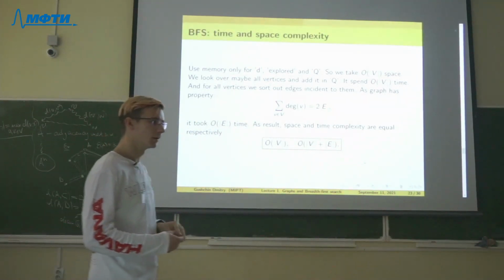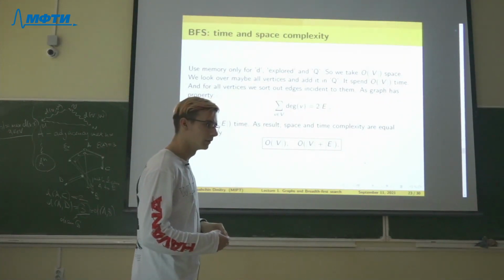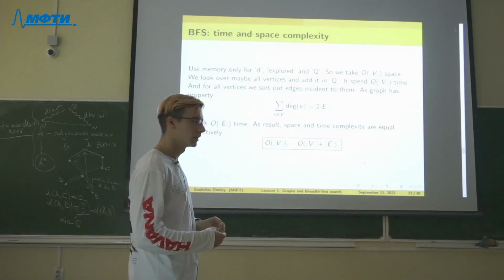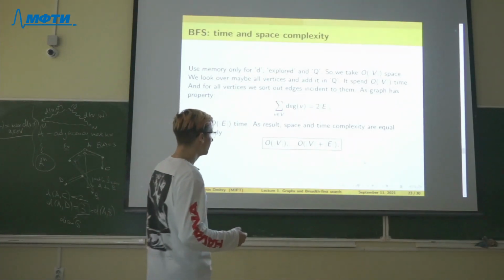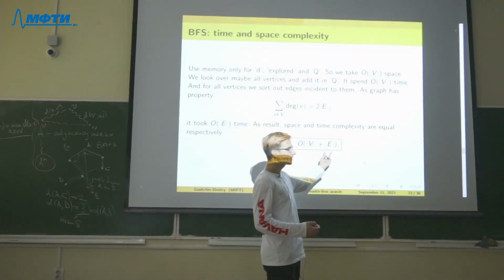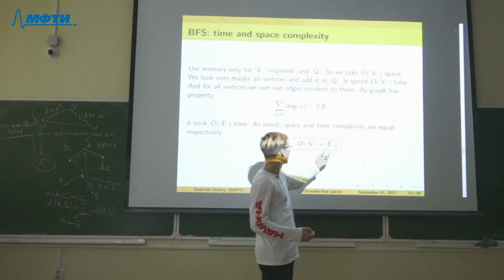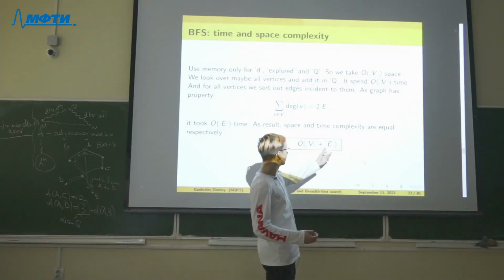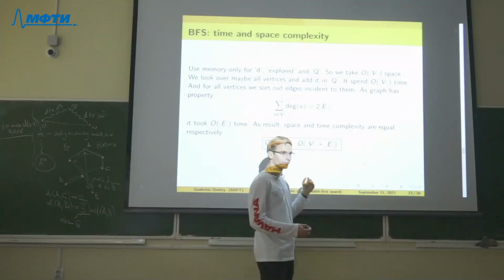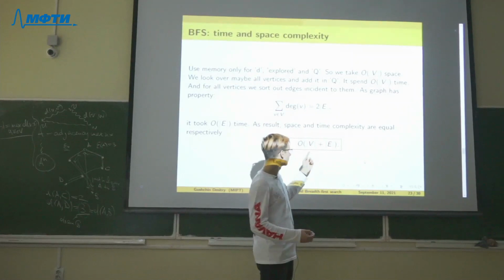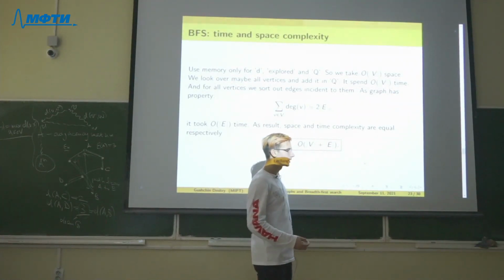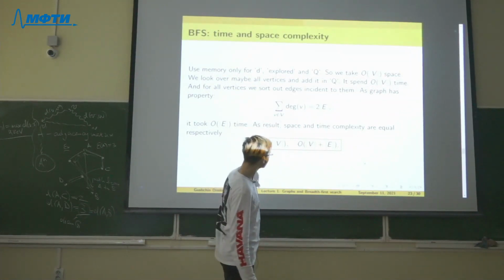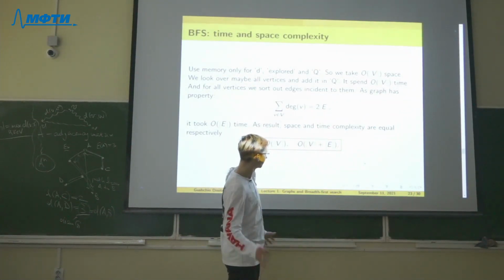I don't know if it is linear or quadratic. Can it be square? Of course, if we have a sparse graph, if the number of edges is linear in the number of vertices, the upper bound says that we have a linear approximation on big graphs.